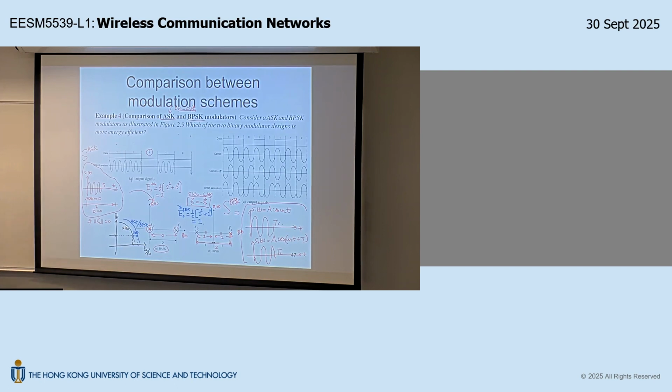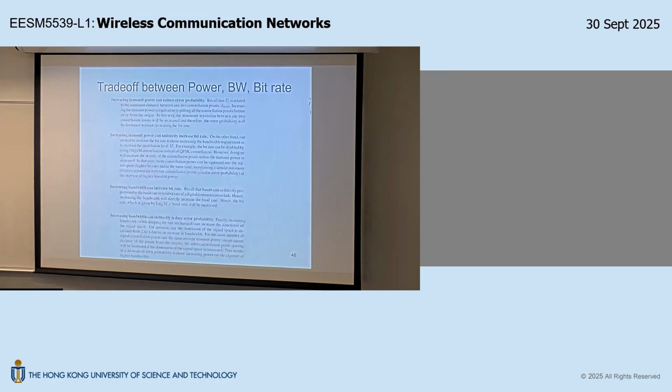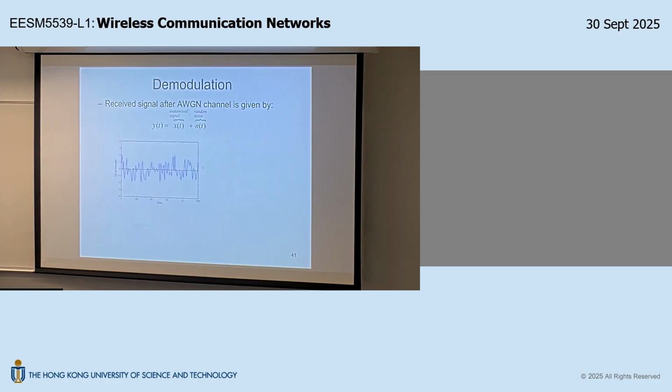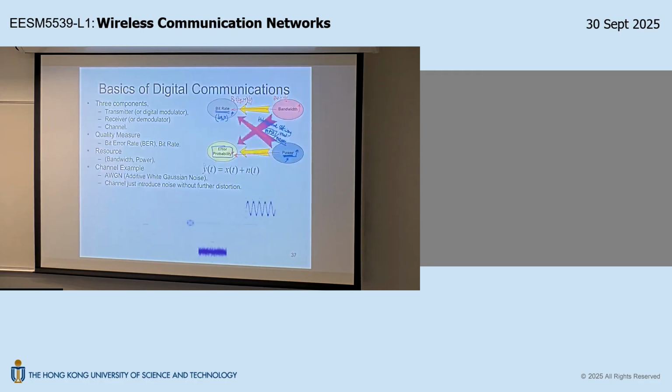So that means if you want to increase the bit rate by doing APSK, by increasing M from 2 to 3, and you want to maintain the same error probability, the price you have to pay is you need to increase the transmission power for APSK. That's why we say there is a trade-off here.